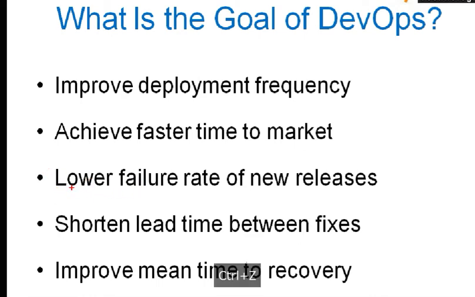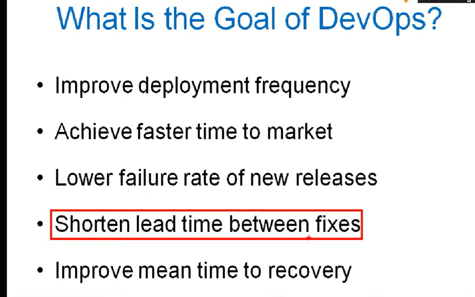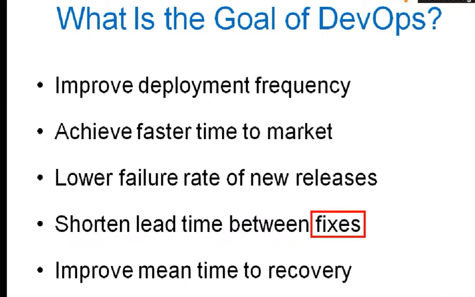Shorten lead time between fixes: because we have limited code, we can easily fix issues. And improve mean time to recovery: even if my application crashes, I can easily recover it. So all these are different goals for DevOps.